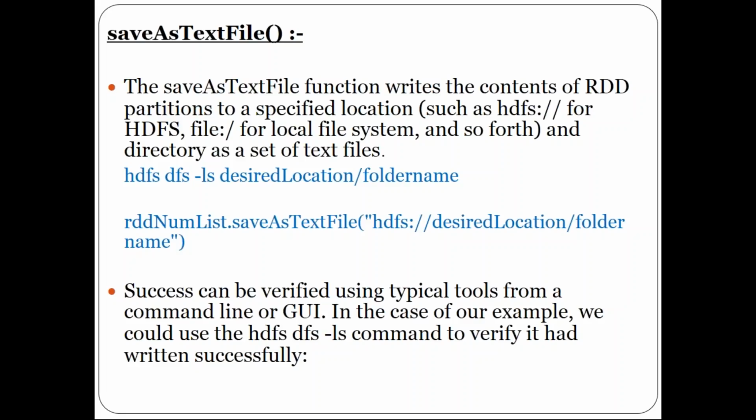Success can be checked using typical tools from a command line interface. For example, we could use hadoop fs minus ls to verify it had written successfully. Whenever you're doing a complex transformation, you'll have to save your transformation to a text file.